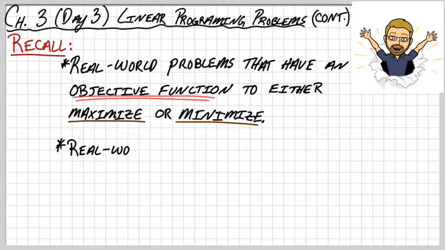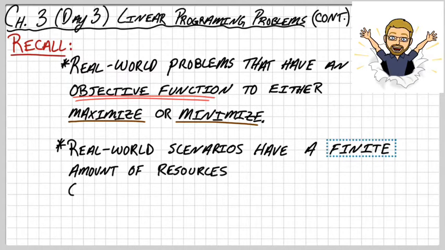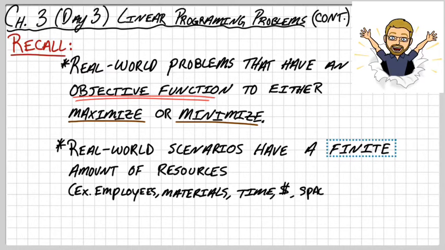And the other thing that we talked about with real-world scenarios, we know they have a finite amount of resources. So that could mean their employees, their labor, materials, the time that they have in the day, their capital, their money, the space in their building, their equipment, all sorts of resources they have that could be finite.